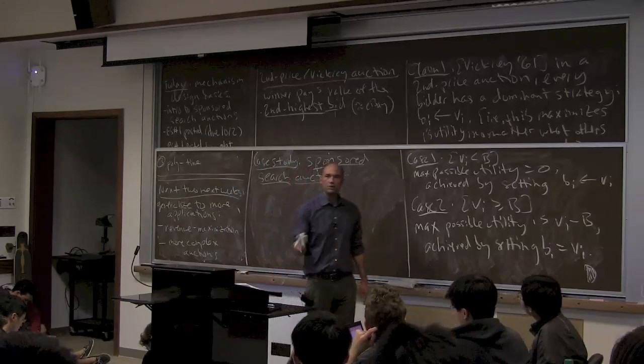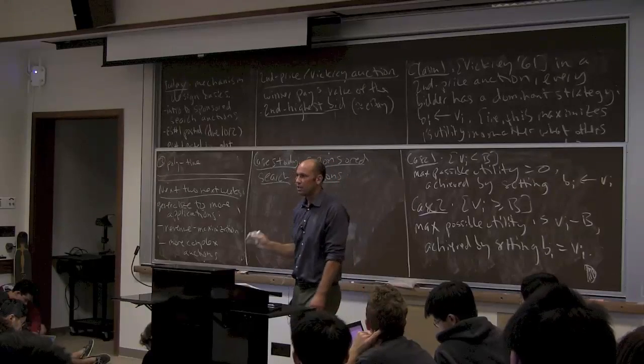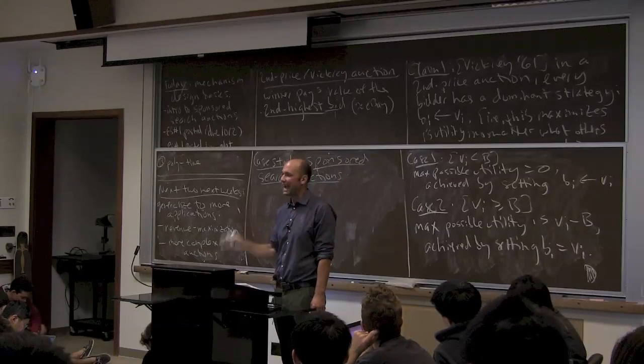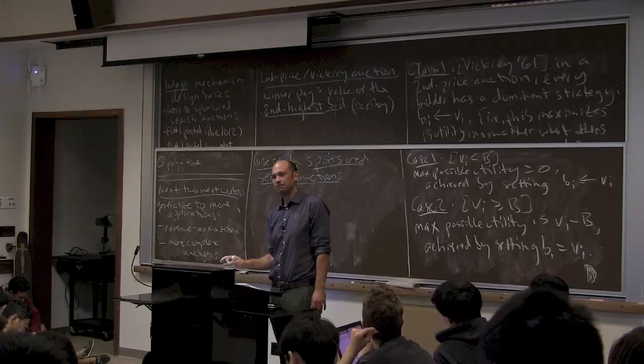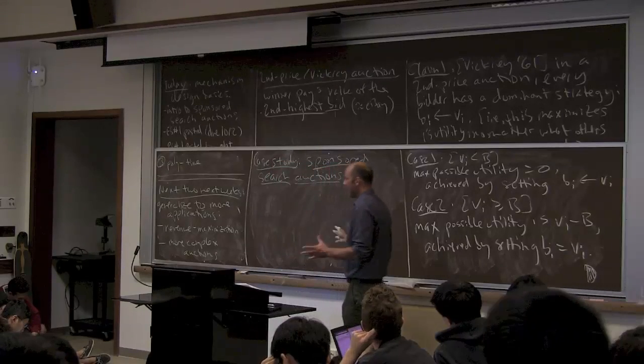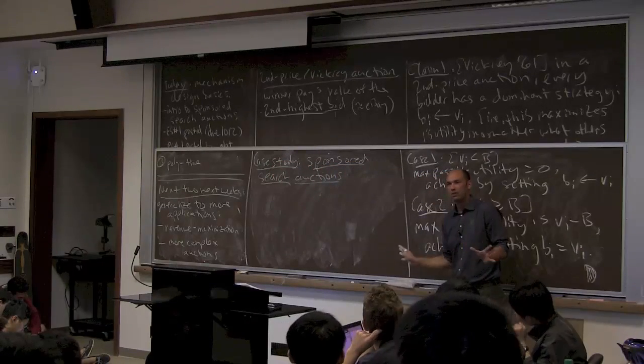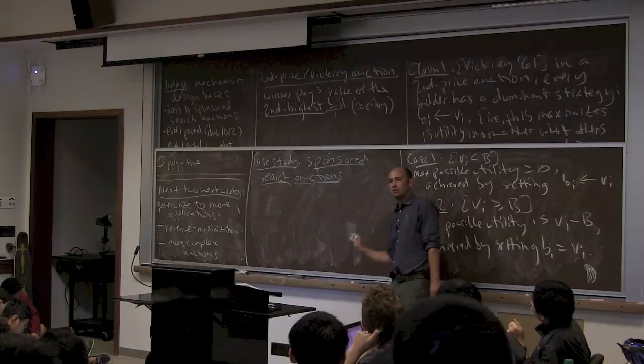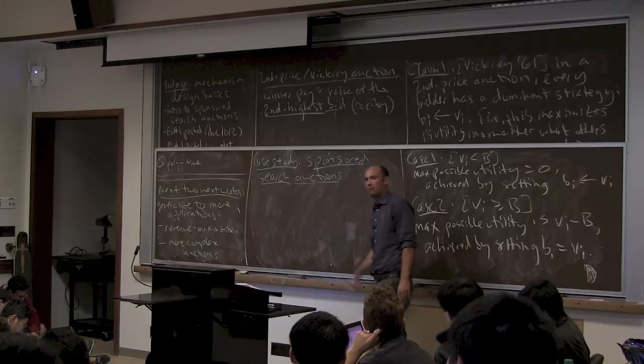For example, around 2006, these auctions were responsible for roughly 98% of Google's revenue. Now they have lots of different advertising streams, but we're still talking tens of billions of dollars a year generated through the auctions I'm about to tell you about.